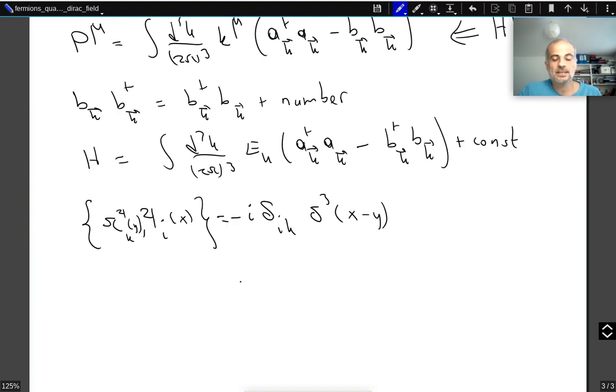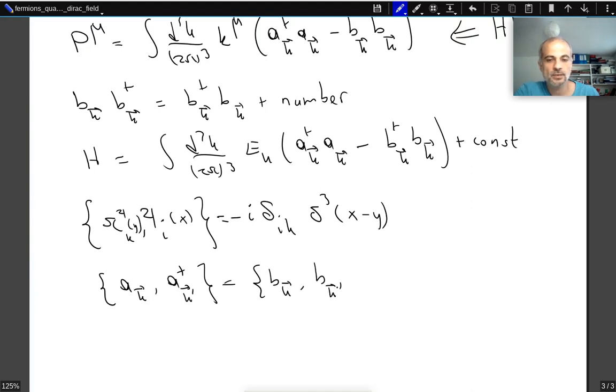So using these anti-commutation relations, you can actually show that the a field satisfies also the anti-commutation relations: ak prime dagger, bk prime dagger.